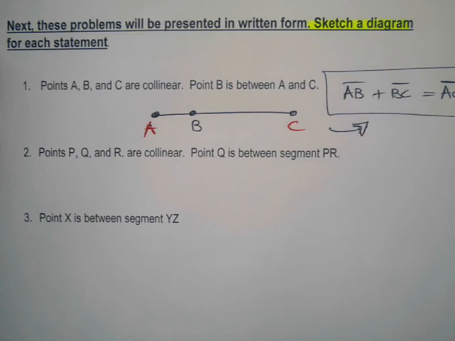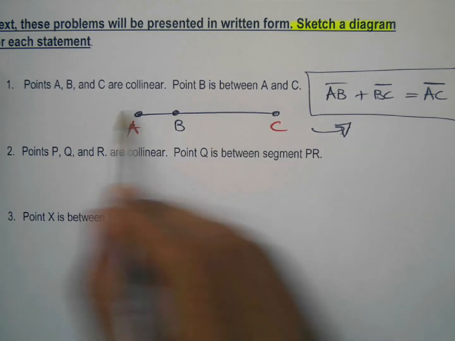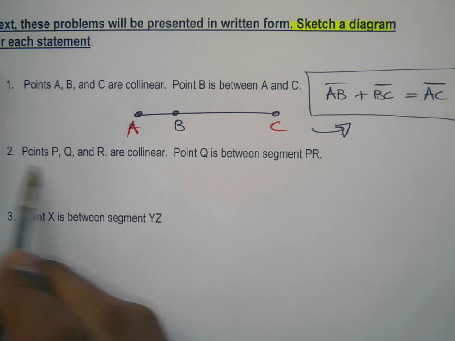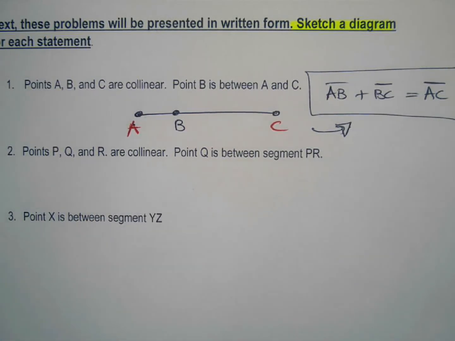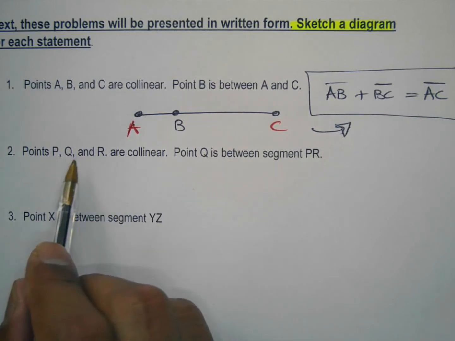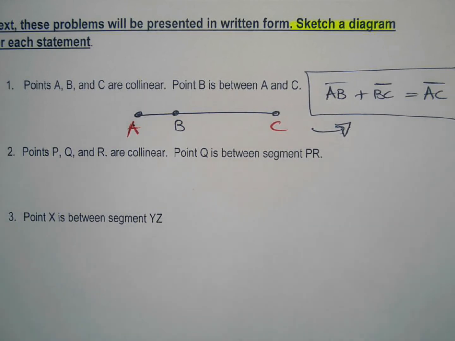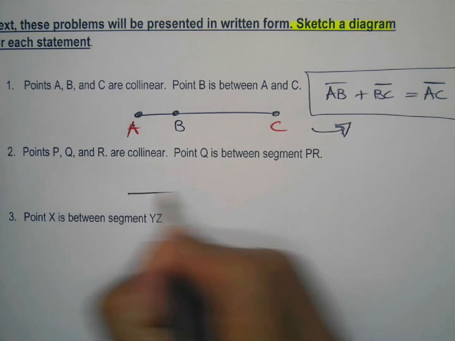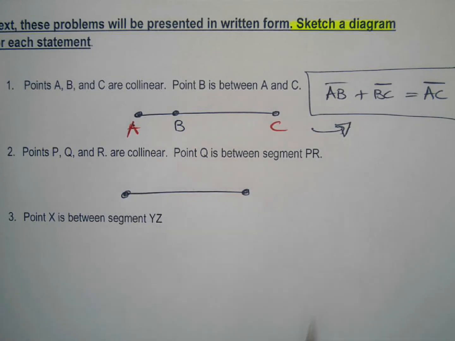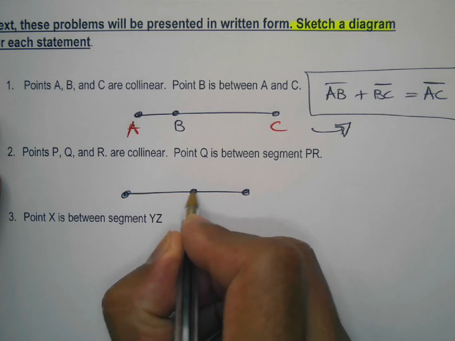All right, let's finish up these last 2 for this first video. I got 3 points that are collinear, right? You can't have 1 point going all crooked. They make a straight line, collinear. Collinear points P, Q, and R. We got these 3 points. Q is between PR. So let me draw this out. Q is the between one, so I'll put Q right here.